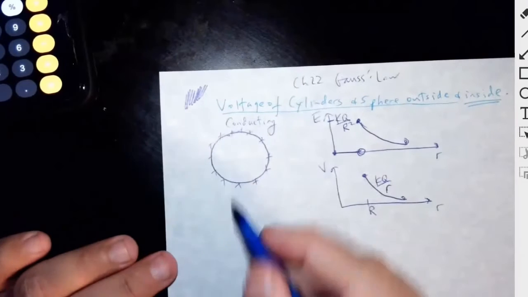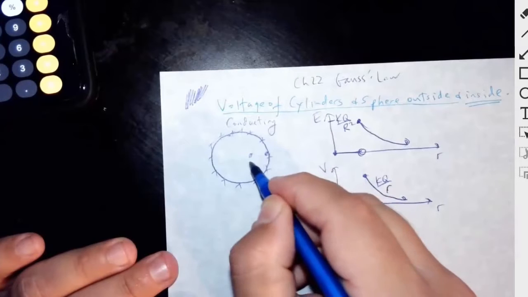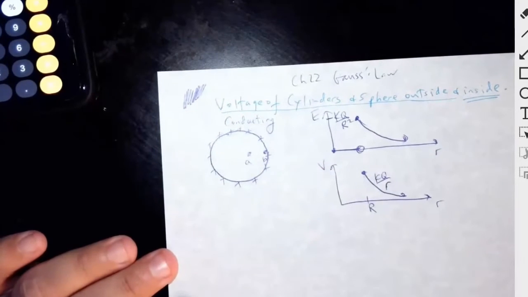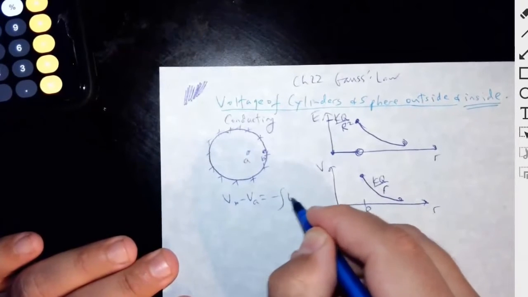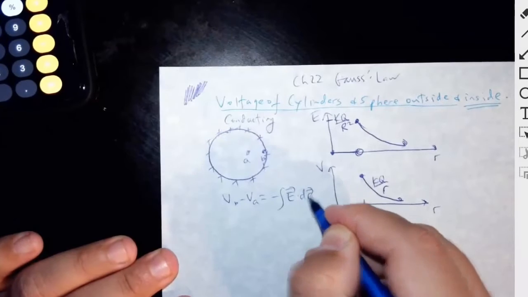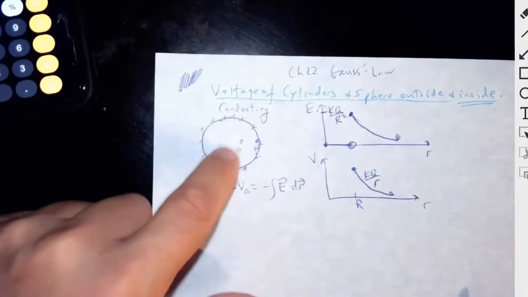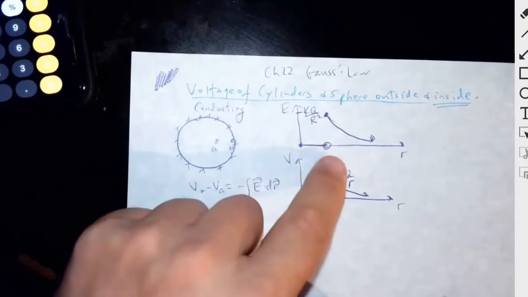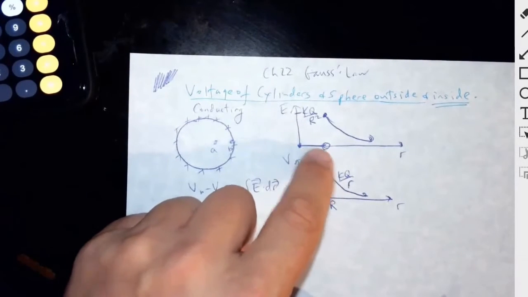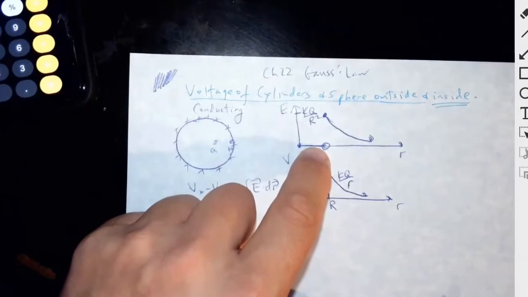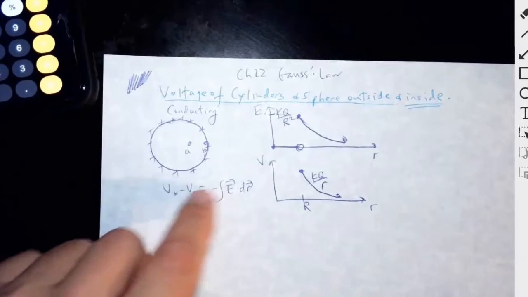To do that, we can argue that the voltage difference between any two points, A and B, of the sphere inside, VB minus VA, is negative the integral of E dotted into dr. When you go inside spheres and cylinders, it's easier to first use Gauss's law to calculate the electric field, then work backwards by integrating to get the voltage inside them.